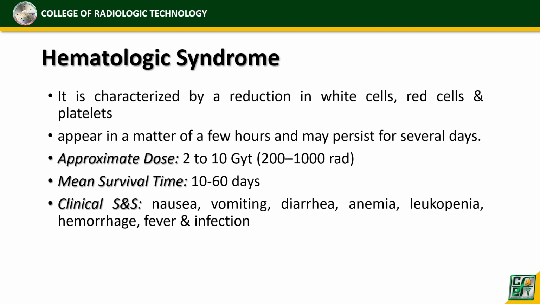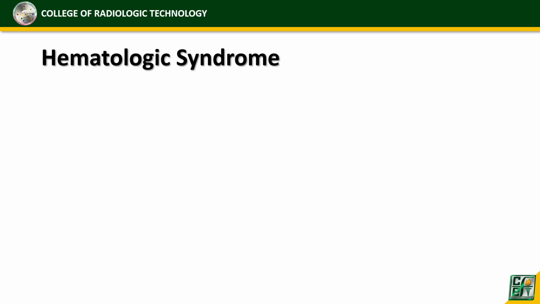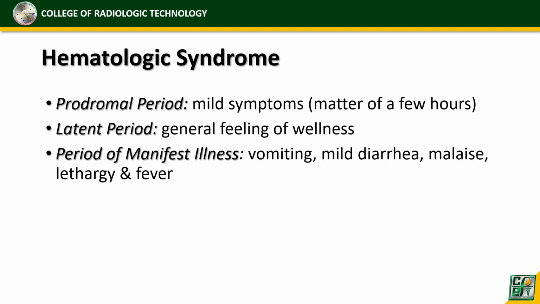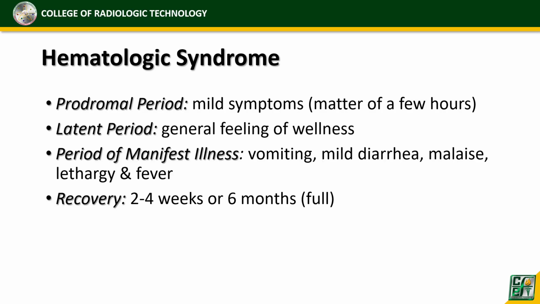So inulit lang dito yung clinical signs and symptoms. So ito yung sinasabi ko kanina. So hematologic syndrome, prodromal period, mild symptoms. Matter of a few hours, yung prodromal period ay mangyayari. Then after the prodromal period, so a latent period will transpire.